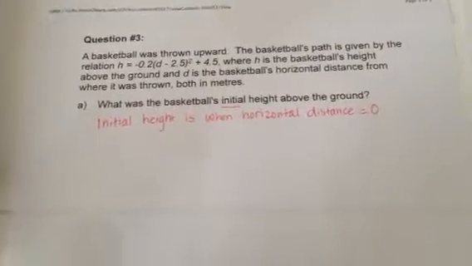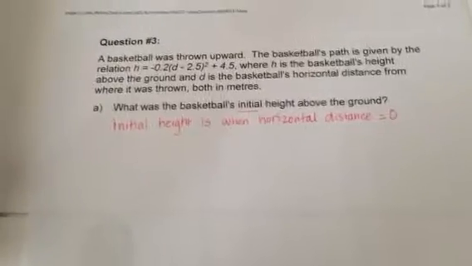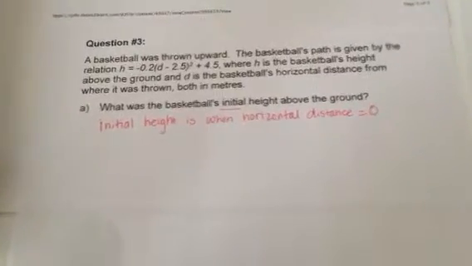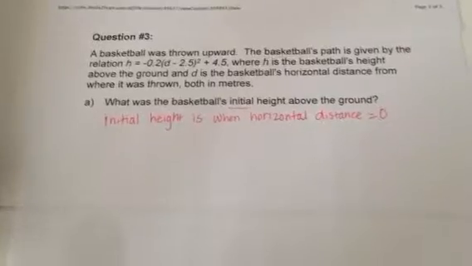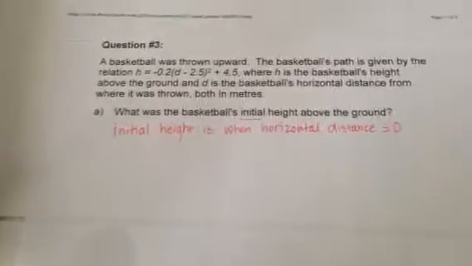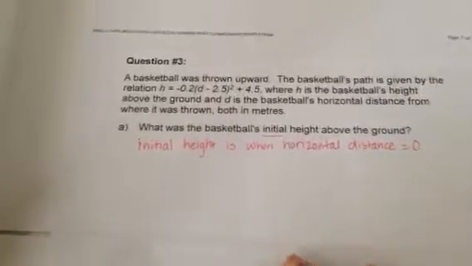So to find out where it was initially, you want to figure out where the basketball hasn't moved horizontally yet. So we're going to plug 0 in to our d value.